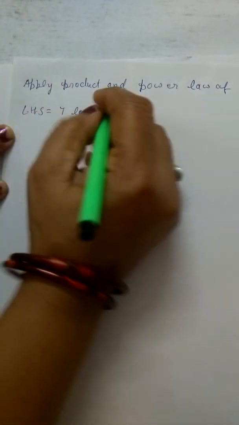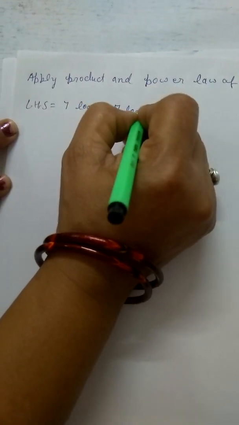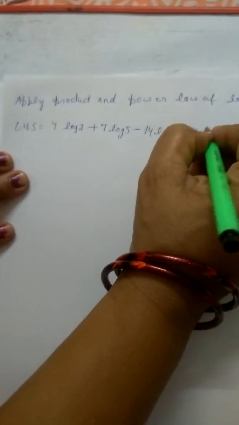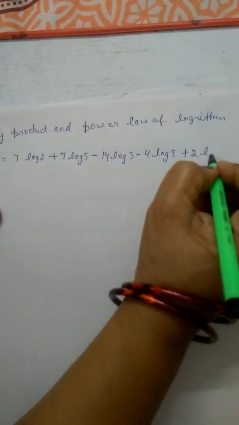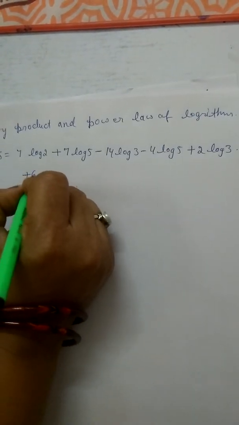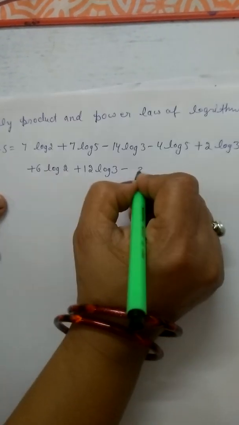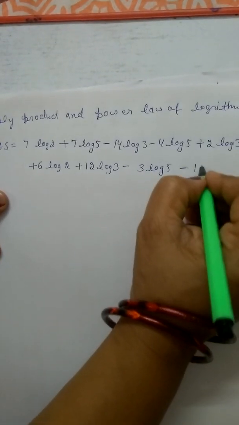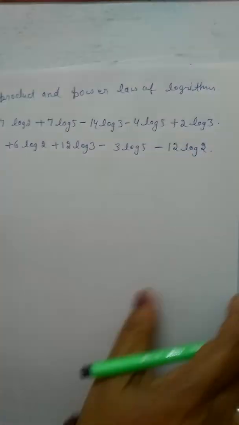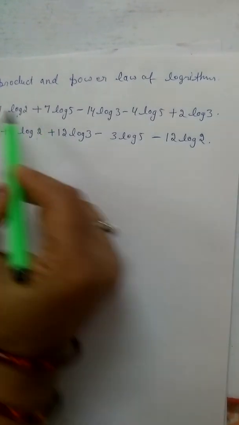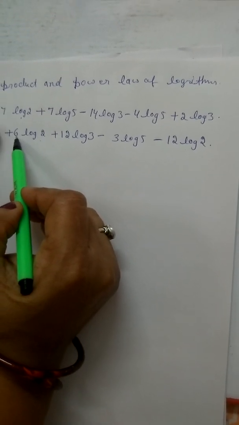Left hand side: 7 log 2 plus 7 log 5 minus 14 log 3 minus 4 log 5 plus 2 log 3 plus 6 log 2 plus 12 log 3 minus 3 log 5 minus 12 log 2. Now this is log 2, this is log 2, this is log 2. 7 plus 6 is 13 minus 12, what will be there?